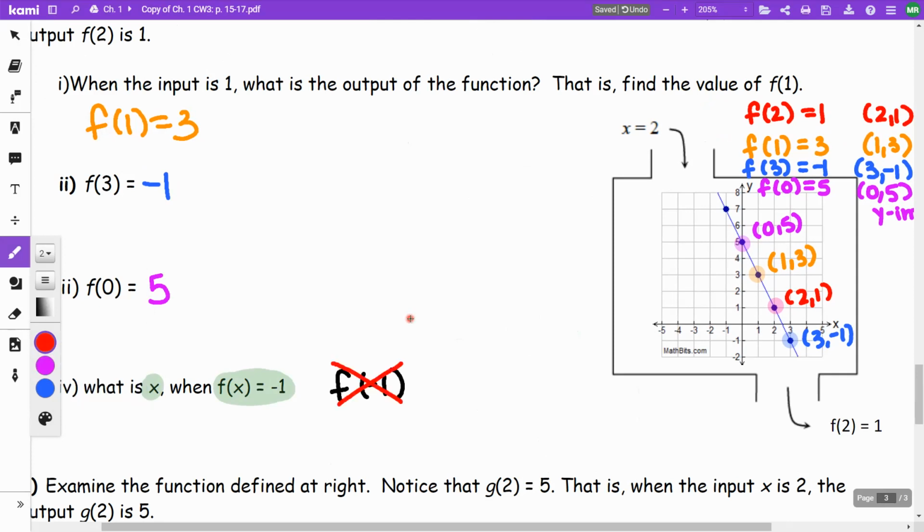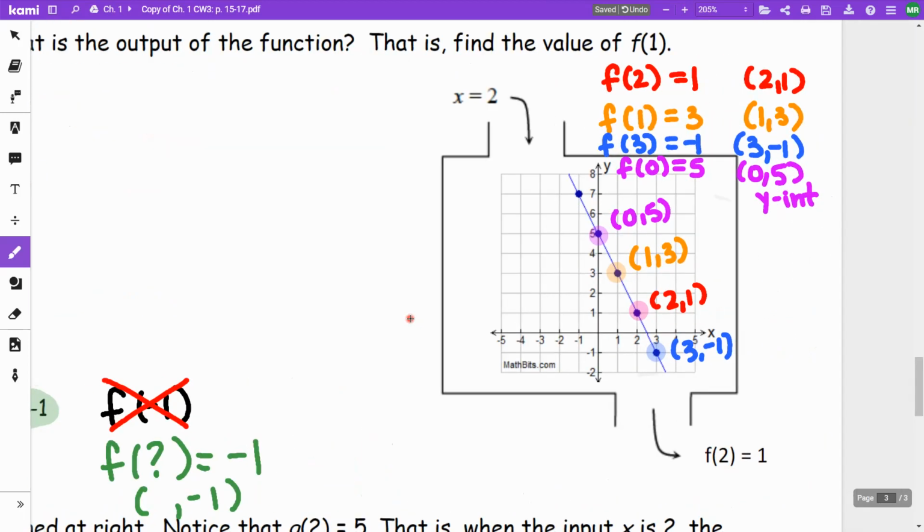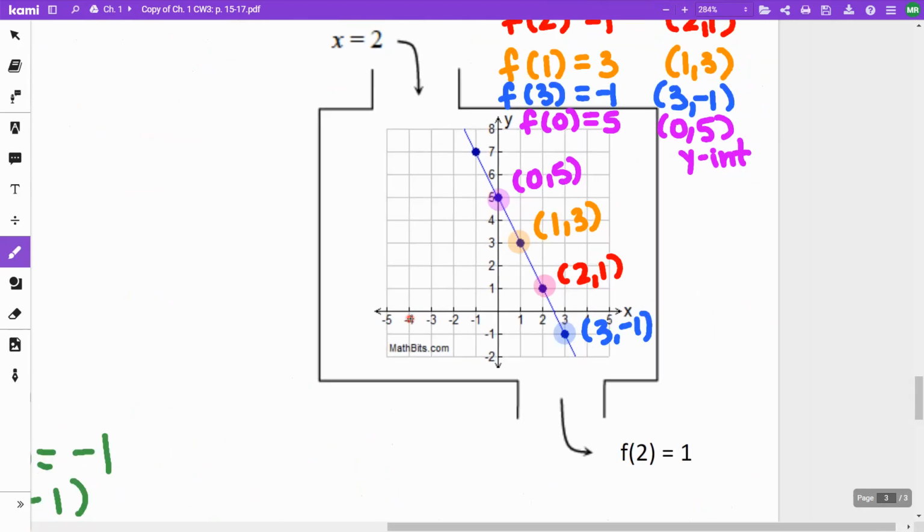I don't want to know what I get out when I put in a -1. I want to know what did I put in to get out a -1. Basically, I know I have something common -1 as a point. So I'm going to go to my y being -1. Okay, so I'm going to come here to my y being -1.